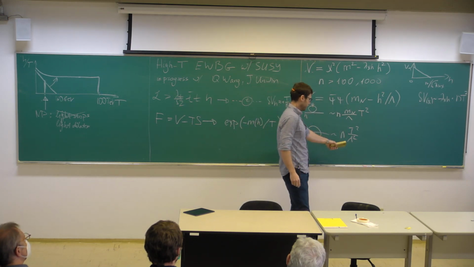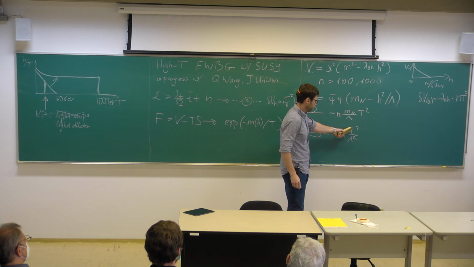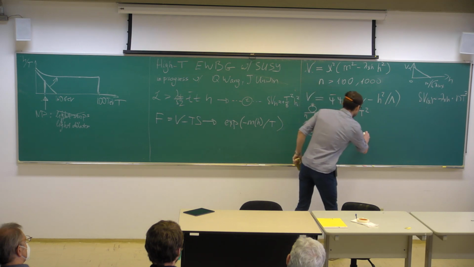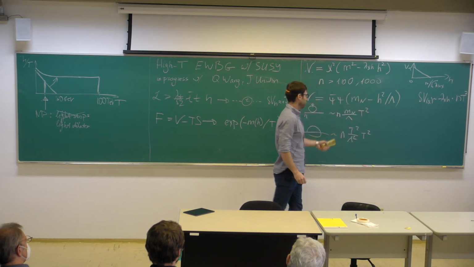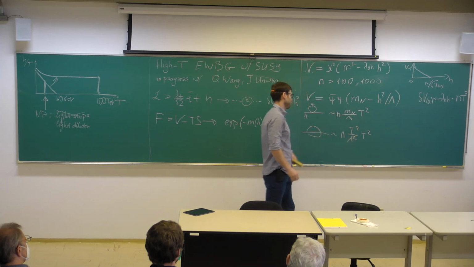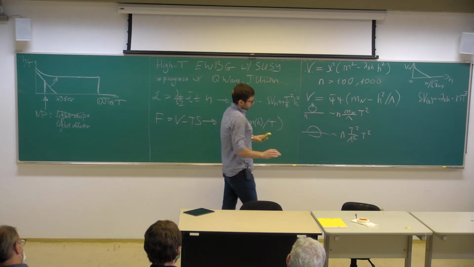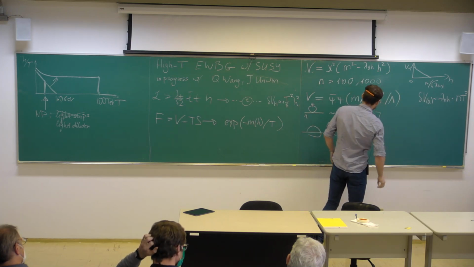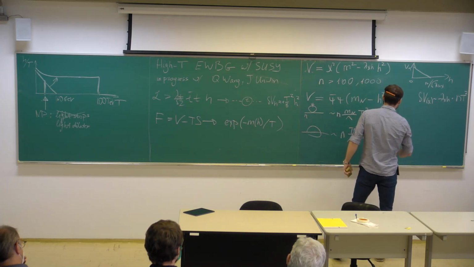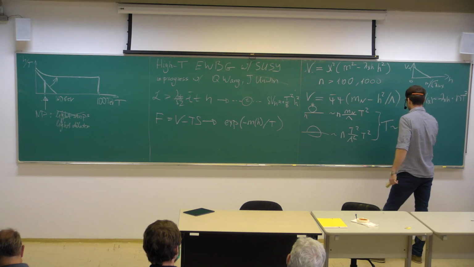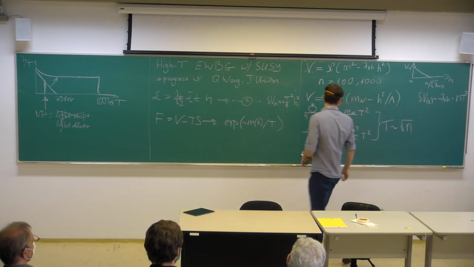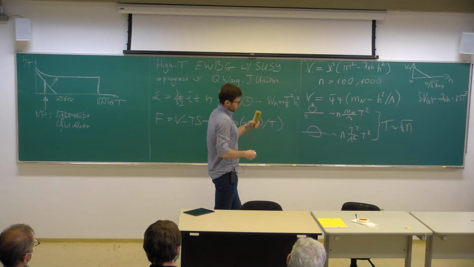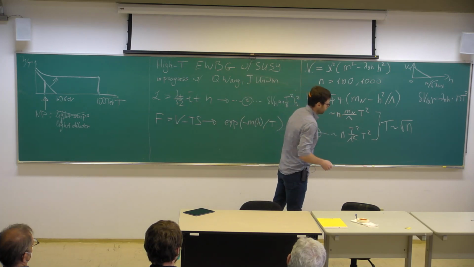And so that tells you that at some point the theory will blow up. And comparing the two, you see that the maximal temperature scales as the square root of n. So that requires you to have large n in the end.